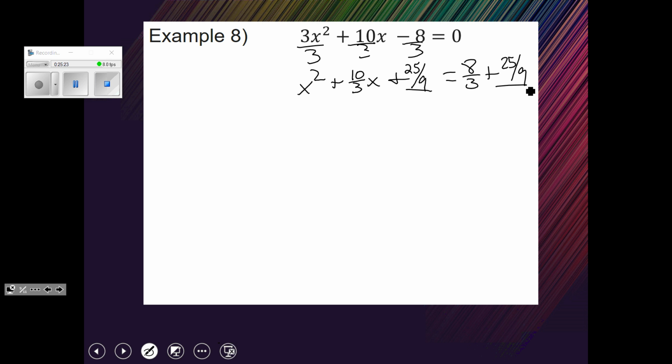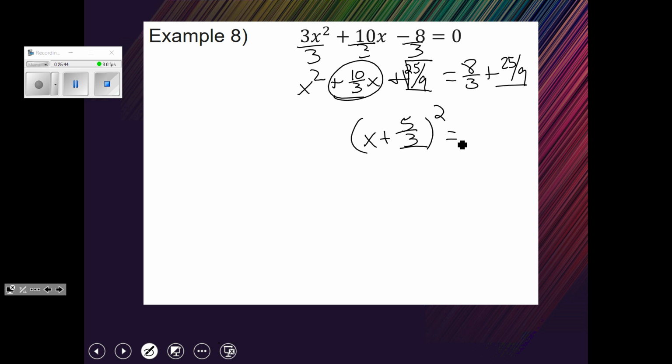Okay, so from here we're going to factor it. So this will factor into x plus, and the key to getting this guy, you can take half of him, or you can just take the square root of the last number, which would be what? 5 over 3.